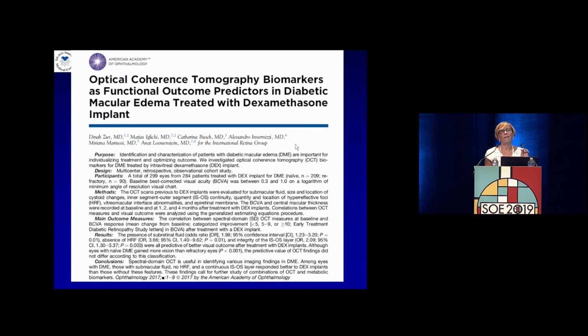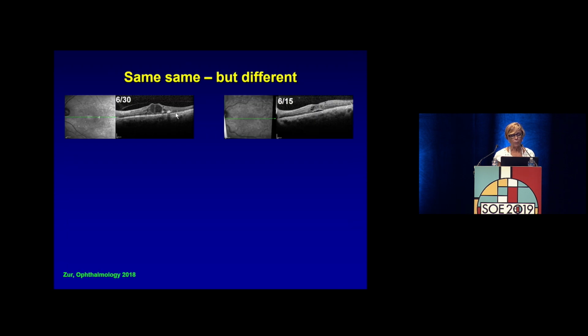And there are multiple parameters that have been investigated as OCT biomarkers in the management of diabetic macular edema. I will start by showing you this study that was done by a group of young retina specialists that I was mentoring, the International Retina Group, and they looked at multiple OCT biomarkers in diabetic macular edema.